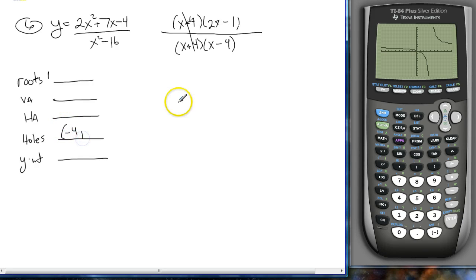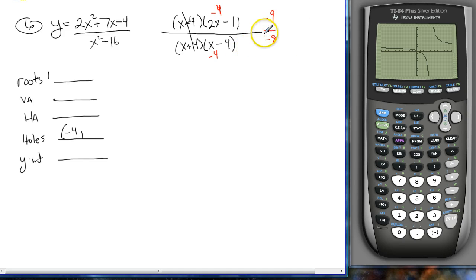Negative 4, something. I take negative 4 and plug it in to what's left of the problem. So 2 times negative 4 is negative 8, minus 1, negative 9. Over negative 4 minus 4, negative 8.